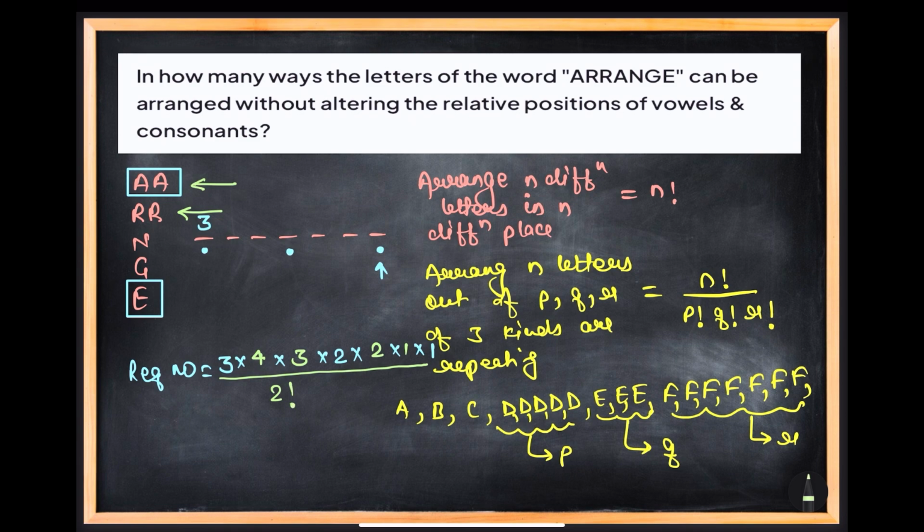And also because of R, which is repeated twice, you have to divide by 2 factorial. 2 factorial is 2, 2 factorial is 2, so 2 times 2 is 4. So the required number is 3 times 3 is 9, 2 times 2 is 4, so it is 36. So there are 36 words, with or without meaning, that we can create using the letters of the word ARRANGE without altering the relative position of consonants and vowels. I hope the idea is clear.